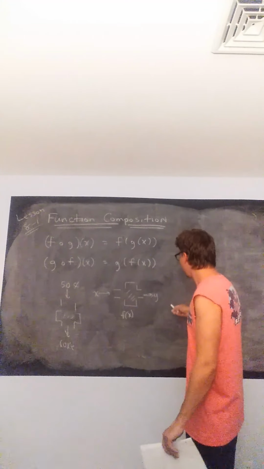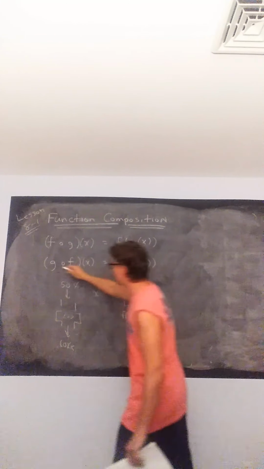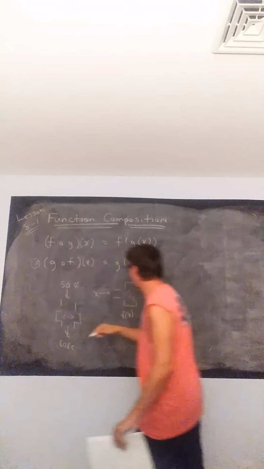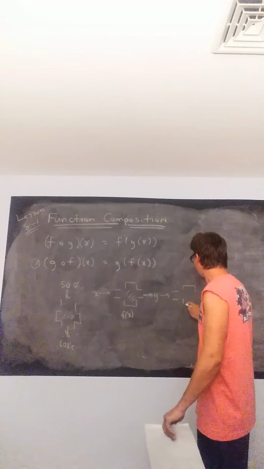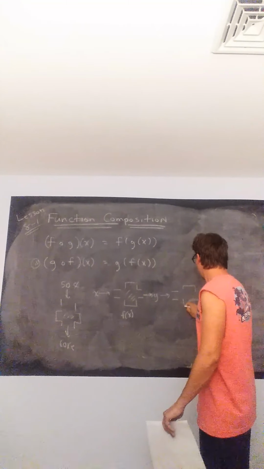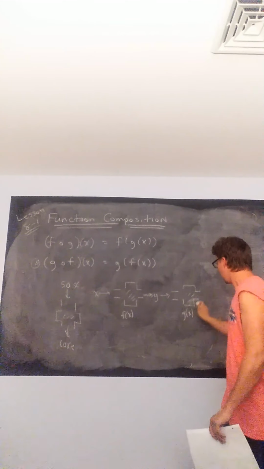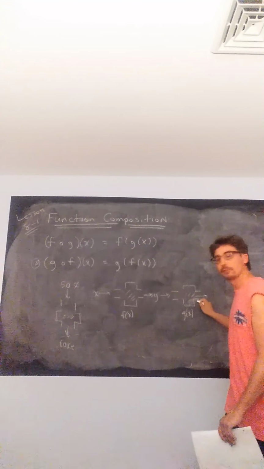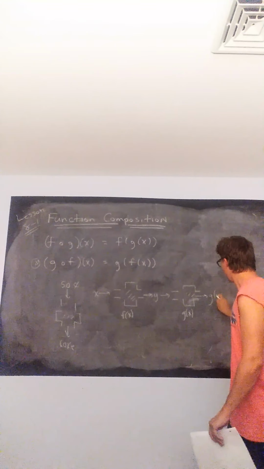You know that. But if we want function composition, primarily this one right here, we're going to now take this y and put it through a function machine again. So this is the g function. And after y goes through the g function, what you're left with now is g of y.